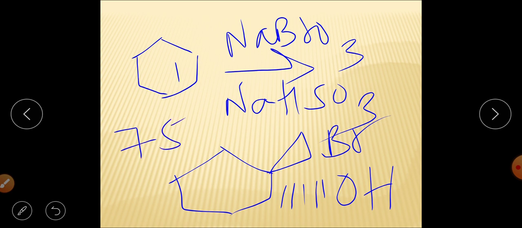Although the geometry is anti, the product will be synthesized only in 75% amount because of the availability of the other nucleophile. So this is the reaction where we are having a different nucleophile, and because of that reason a different product has been synthesized, right?